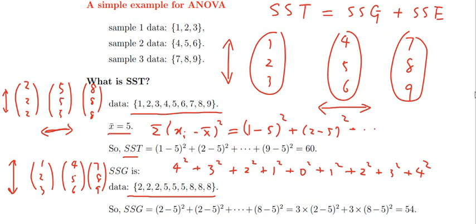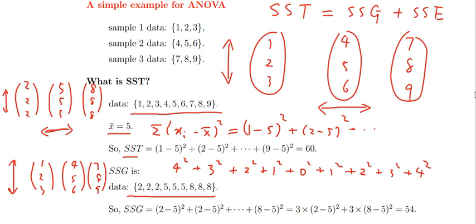We assume the data is like 2, 2, 2, 5, 5, 5, and 8, 8, 8. Even though we have 9 numbers, essentially we have 3 numbers: 2, 5, 8.